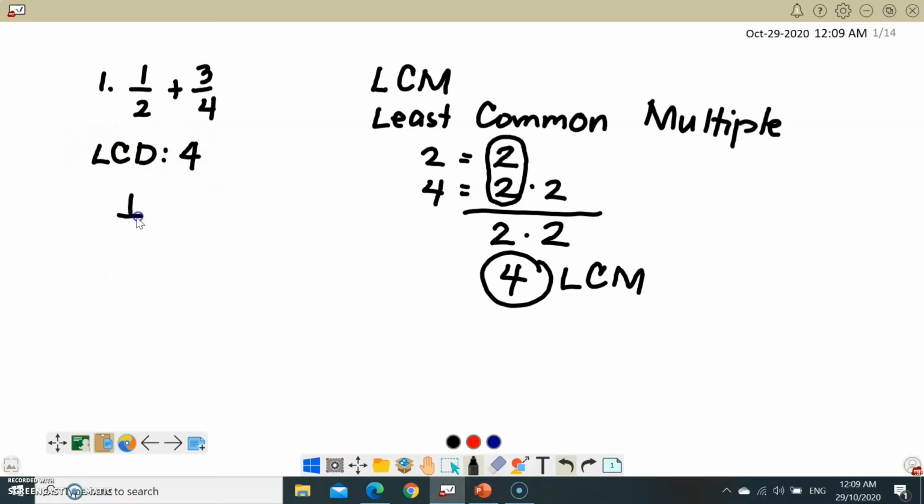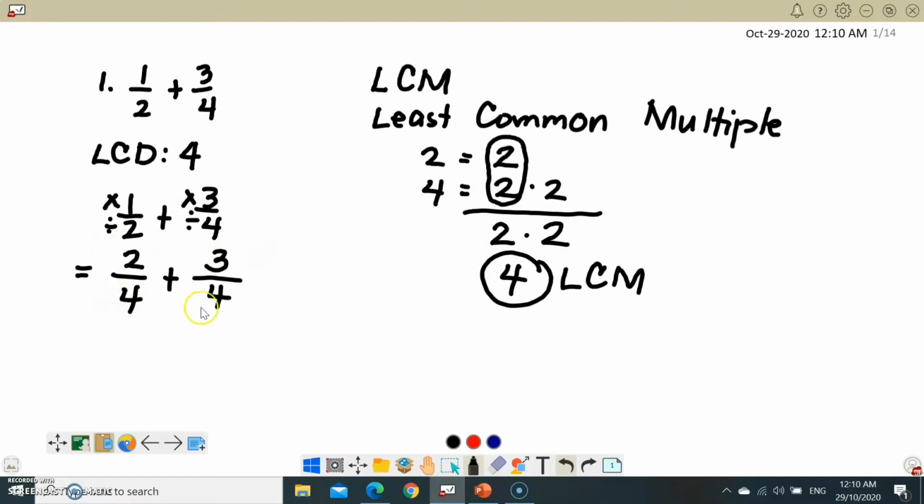So if we have here 1/2 plus 3/4, we use 4 as the common denominator, copy the operation addition, and then 4. So 4 divided by 2 is 2, times 1 is 2. 4 divided by 4 is 1, multiplied by 3 is equal to 3.